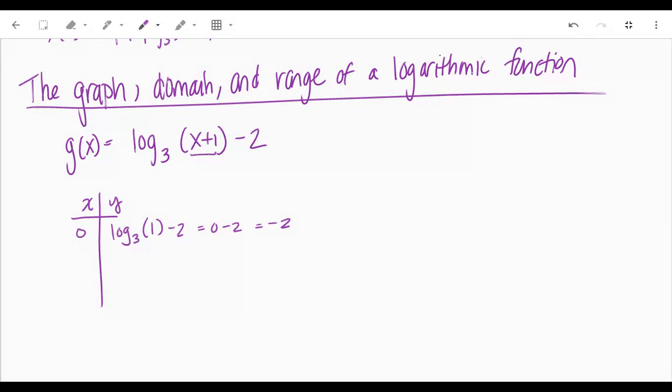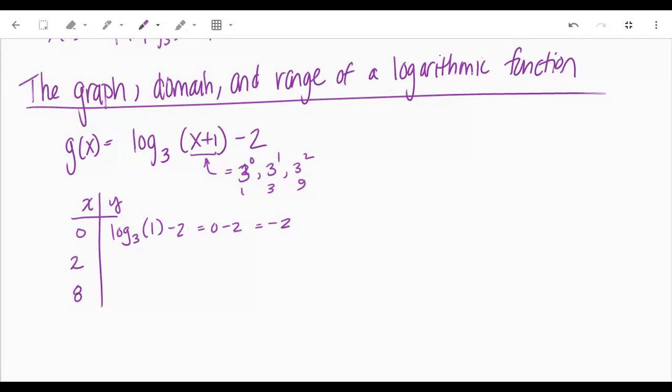Okay, so we want to make this equal 1, right? Or I should say 3 to the 0, 3 to the 1, 3 squared. So that would mean x equals 0 would make it 1. 2 would make it 3.